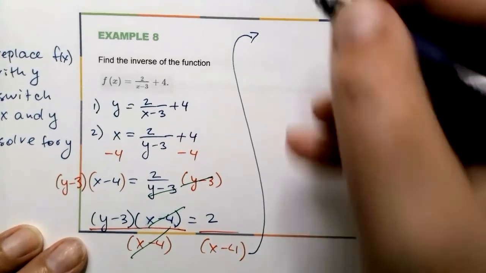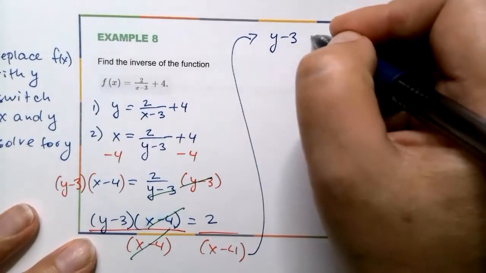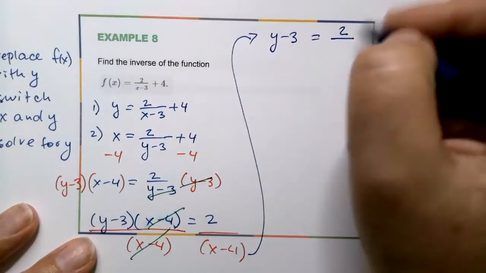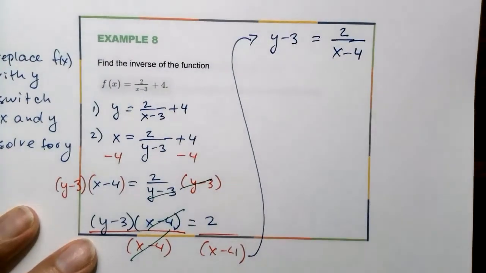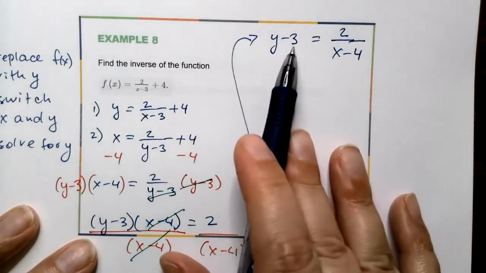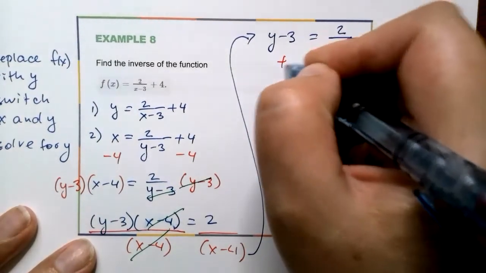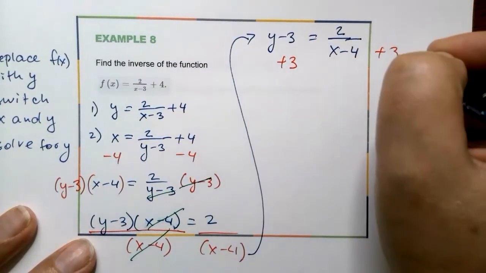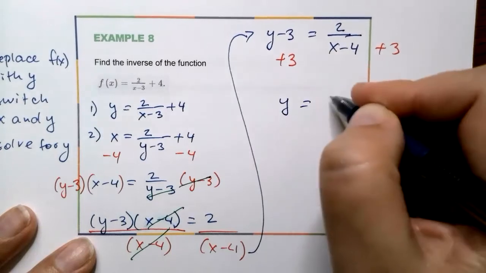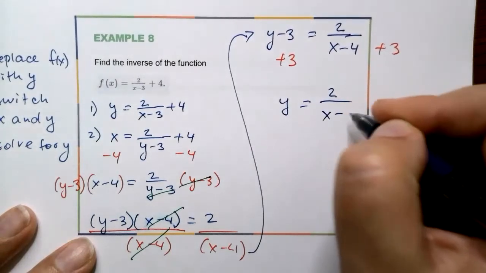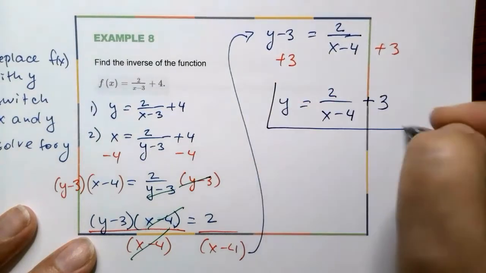I have y minus 3 on the left side, and I have 2 divided by x minus 4 on the right side. And the last step, I need to get rid of that 3. So what I have is y equals 2 divided by x minus 4 plus 3.